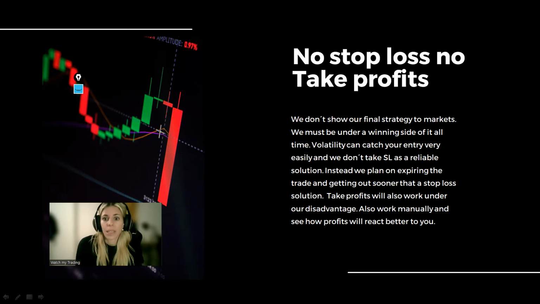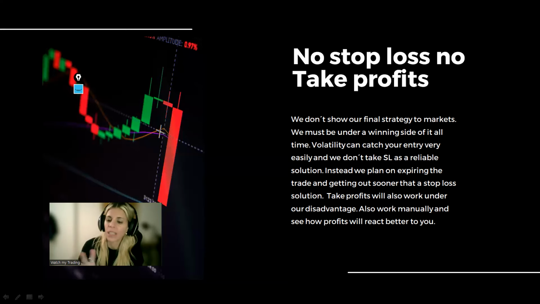Okay, so volatility can catch your entry very easily if we don't take the stop loss as a reliable solution. If the trade lasts over 5 minutes in the market, I have a habit: I put the stop loss way above or way below, just in case.